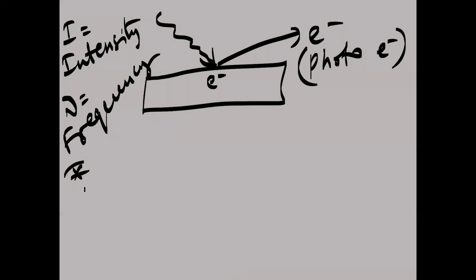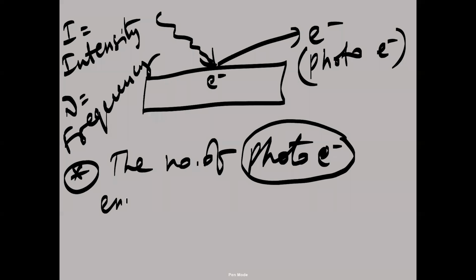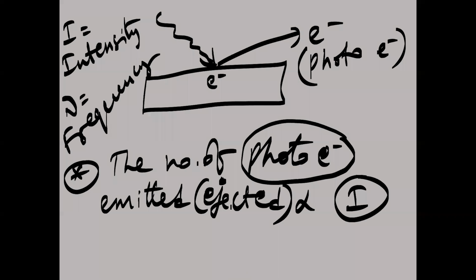Now, some important points. The number of photoelectrons emitted, where e minus indicates electrons, is directly proportional to intensity. It means if the intensity of incident radiation is greater, the number of photoelectrons emitted will be greater.